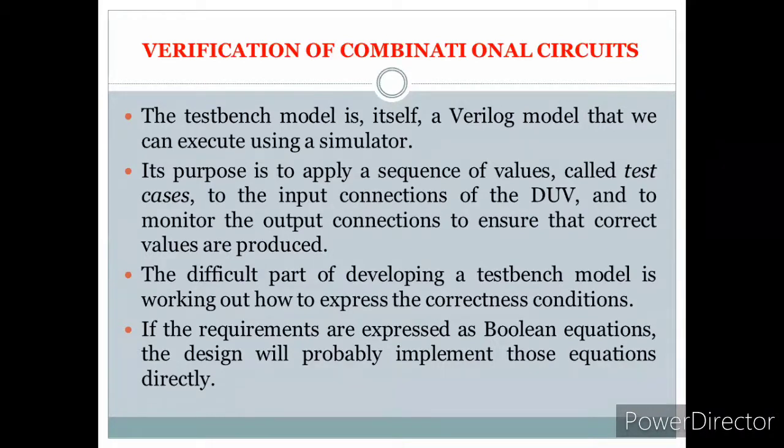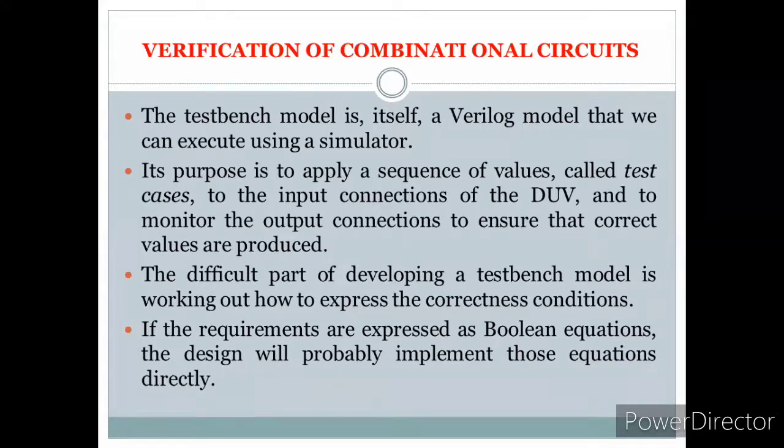The difficult part of developing a test bench model is working out how to express the correctness condition. When we are writing the test bench, you have to make sure it meets all the design constraints.